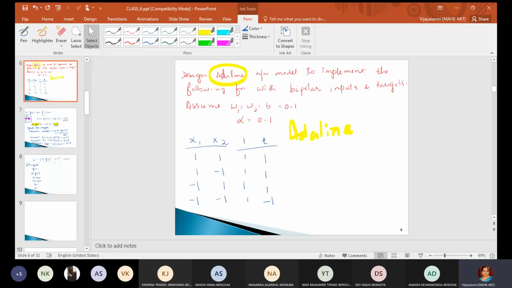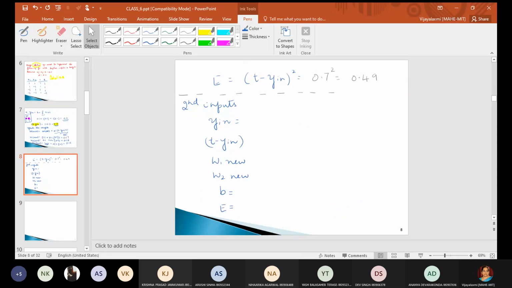It is 1, minus 1, right? Second input is x1 is 1, x2 is minus 1. Now all of you calculate these values for these inputs and tell me. I may ask anybody, just calculate and tell me what is y in, what is t minus y in, what is w1 new, what is w2 new, what is b and e.